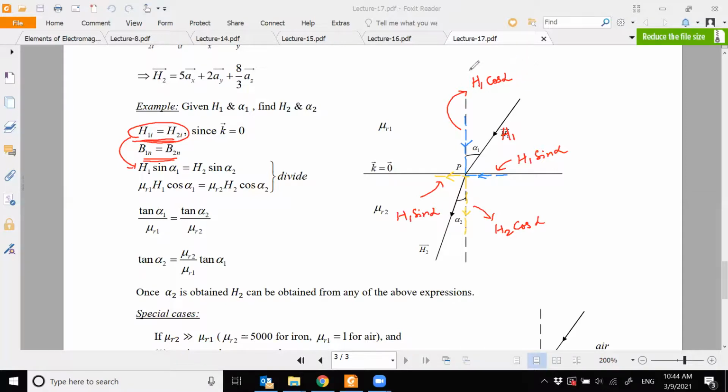To convert it into magnetic flux density, I multiply by mu naught mu R1, but I discard mu naught because it will cancel. So mu R1 H1 cos alpha 1 is mu R2 H2 cos alpha 2. If I divide these, this is what I will get. If alpha 1 is known to me, then I can find alpha 2. And once I know alpha 2, you can use either of these to find H2. So it is very similar to our electrostatics case.